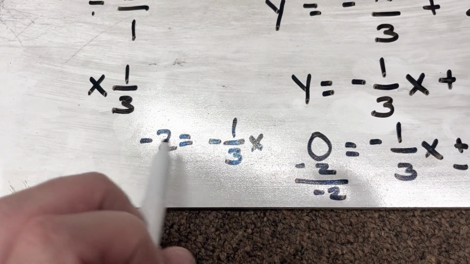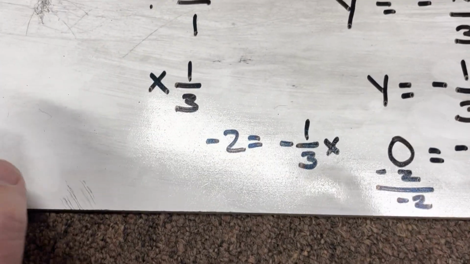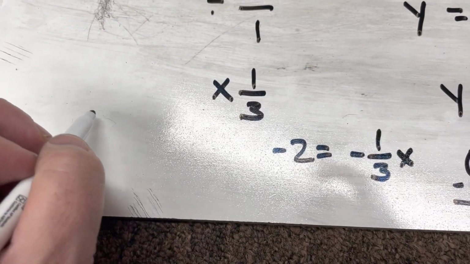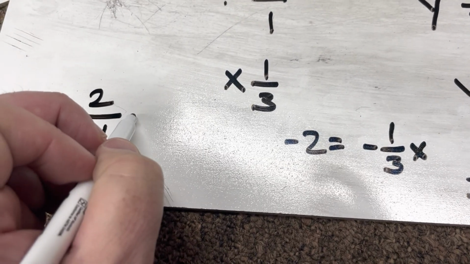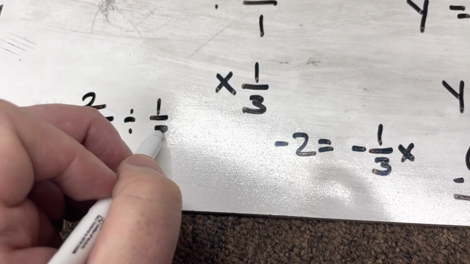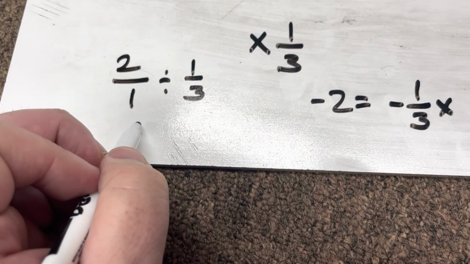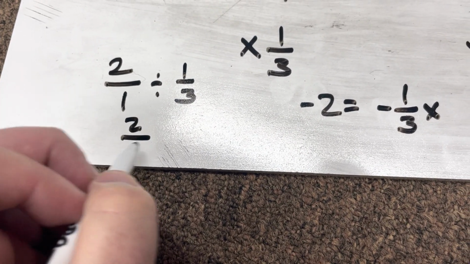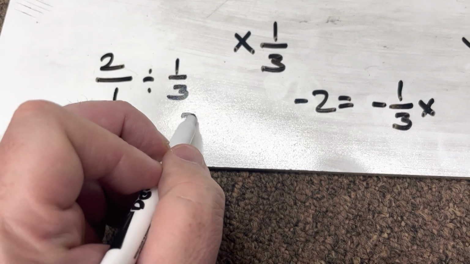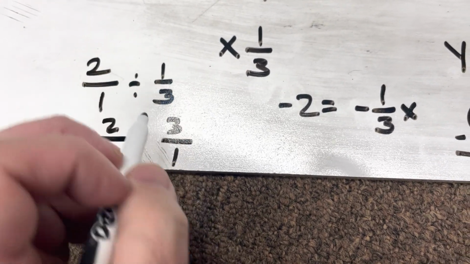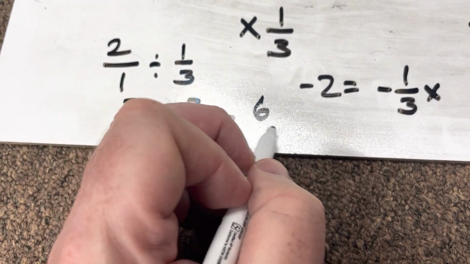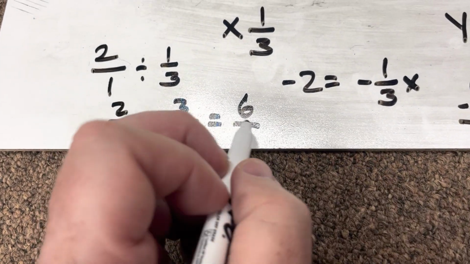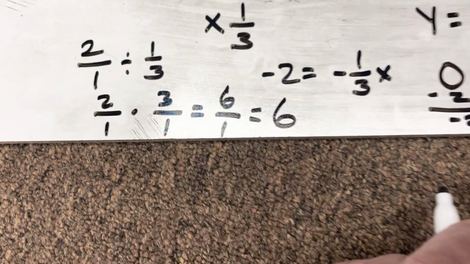I know it's a negative divided by a negative, so it's going to be a positive. I'm just going to do some scratch work here. I'm going to pretend that it's 2 over 1 being divided by 1 over 3. But as I know, I've got to make that 2 over 1 times 3 over 1, making the reciprocal. 2 over 1 times 3 over 1 is going to equal 6 over 1, which is 6.